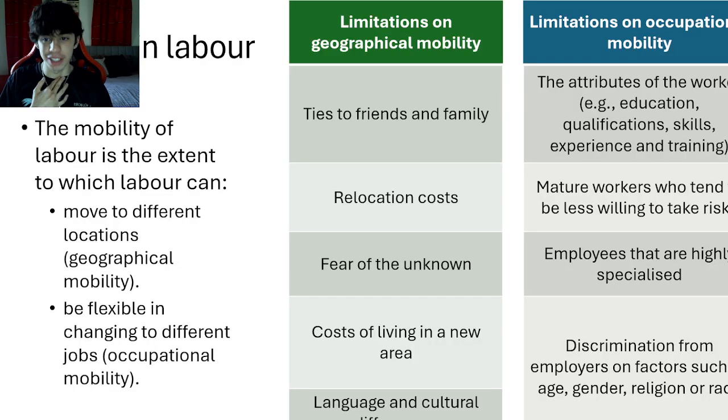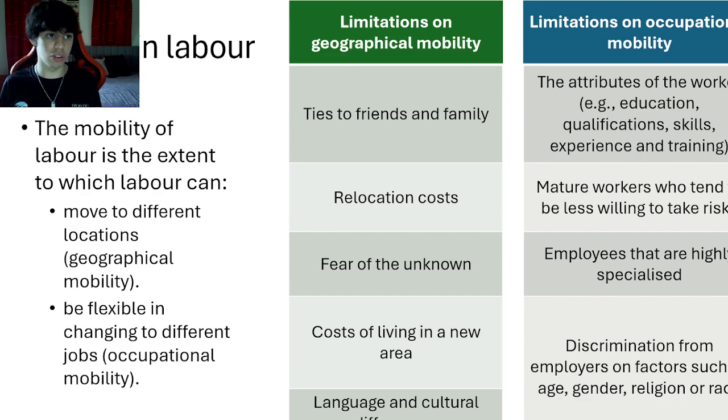Anyways, change in labor mobility. The mobility of labor is the extent to which labor can move to different locations, so geographical mobility, and be flexible in changing to different jobs, so occupational mobility. Then you have the limitations of geographical mobility, which may be ties to friends and family, relocation costs, fear of the unknown, cost of living in a new area, and language and cultural differences.